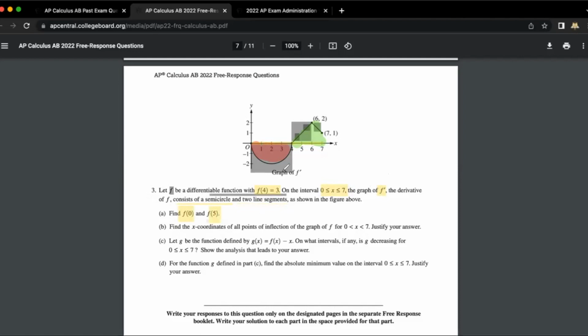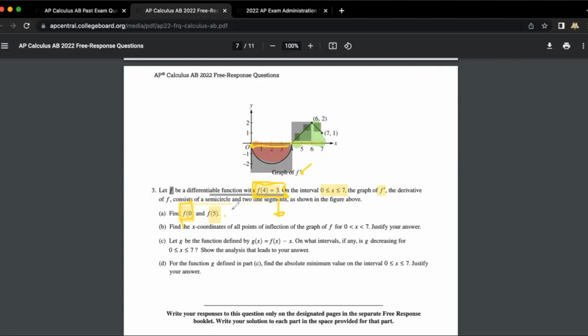Well, what that means is if this is the derivative, then we also have a starting point. So you can almost think of that as a C, a number that we're actually starting from because of f of 4, okay? So if I want f of 0, we're going to have to go backwards, right?